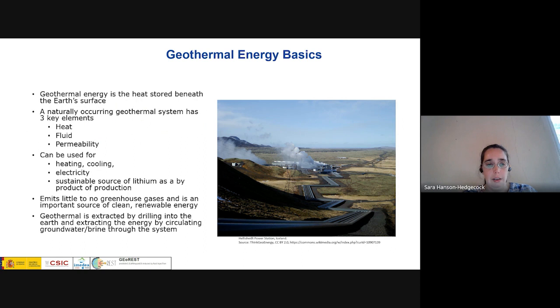It's also important in terms of global warming because with geothermal, very little greenhouse gas is emitted, unlike with traditional petroleum carbon-based oil and gas.